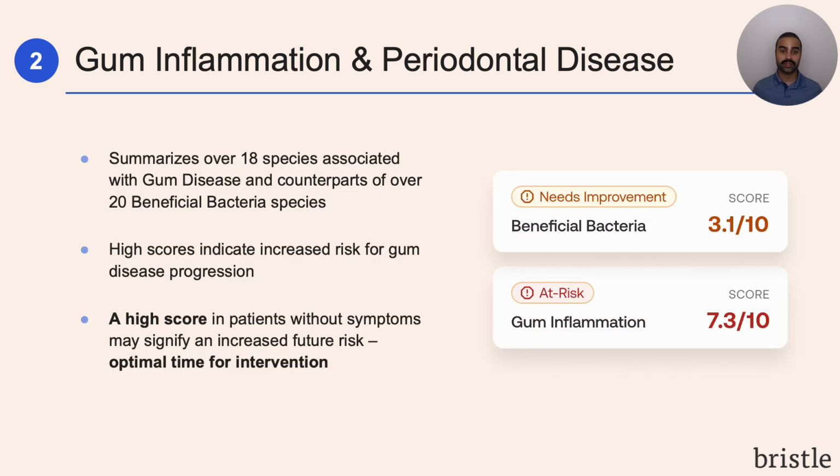So for our gum inflammation score, we include over 18 different periodontal pathogens as well as their beneficial counterparts. A high score for gum inflammation, even without symptoms, can signal that future risks exist, and it actually gives you an opportunity to intervene and help prevent the disease from progressing.